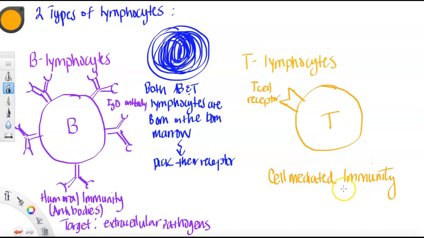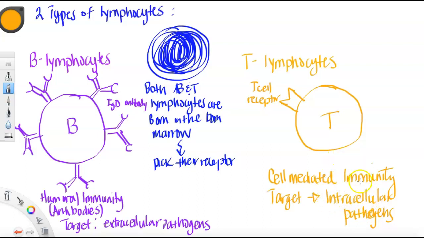Okay, so basically the adaptive immune system has two parts, the humoral side and the cell-mediated. So T cells are part of the cell-mediated. And the target, if you guessed intracellular pathogens, you would be correct. So intracellular pathogens like viruses, cancers, they're in the cell, okay? So that is their target.